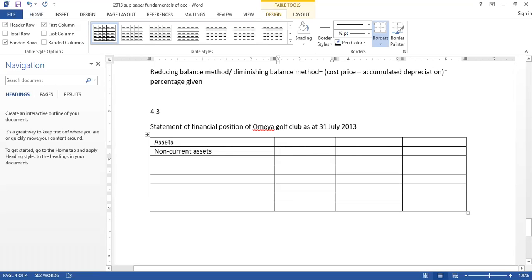So we'll have the cost price amount, we have the accumulated depreciation, and then we have the book value.